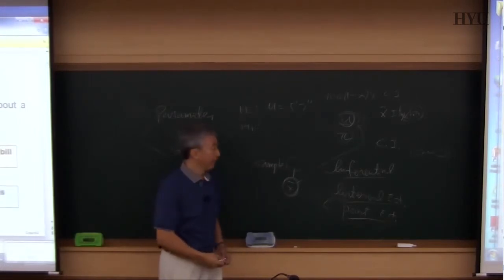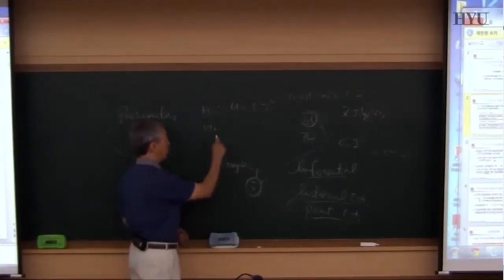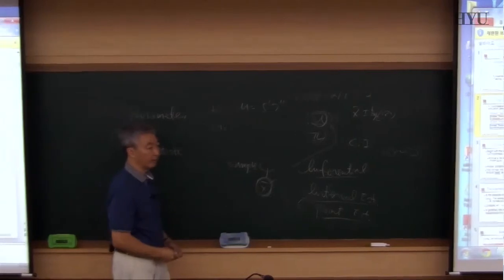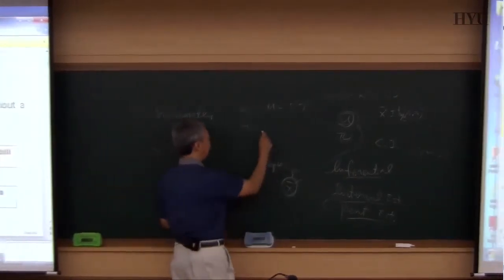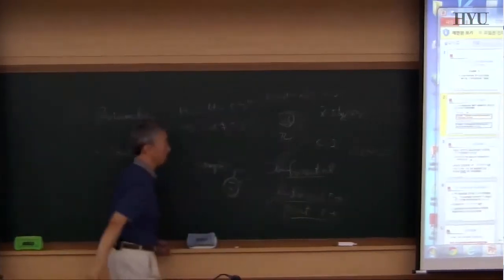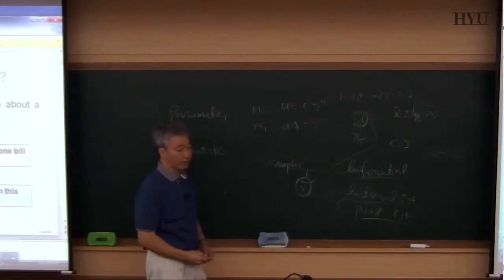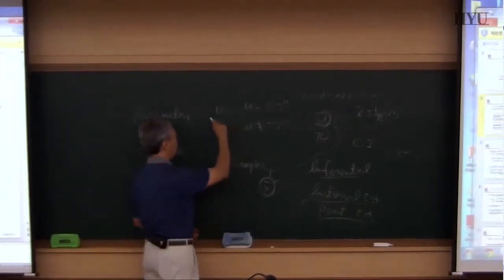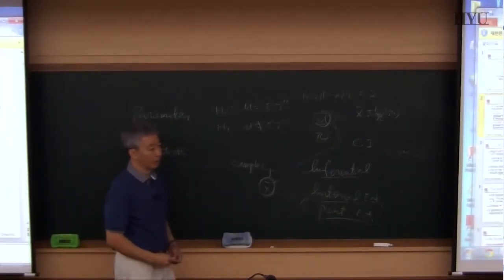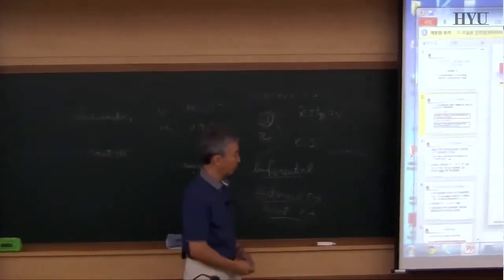And then the alternative hypothesis always negates or says the opposite. It's not. And then based on the evidence, we can either reject the null hypothesis or not. That's the basic idea of hypothesis testing, and that's what we're doing with point estimation.